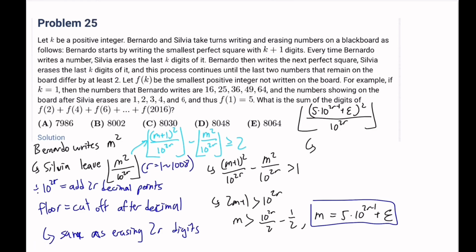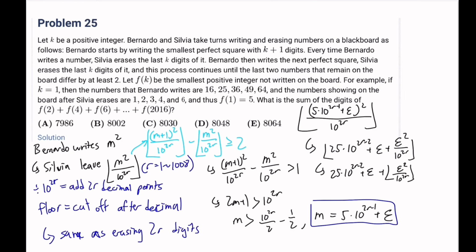If we simplify this, we get the floor of 25 times 10 to the 2r minus 2 plus epsilon squared over 10 to the 2r power. That first part is an integer, because epsilon should be an integer. So this is going to be 25 times 10 to the 2r minus 2 plus epsilon plus the floor of epsilon squared over 10 to the 2r.